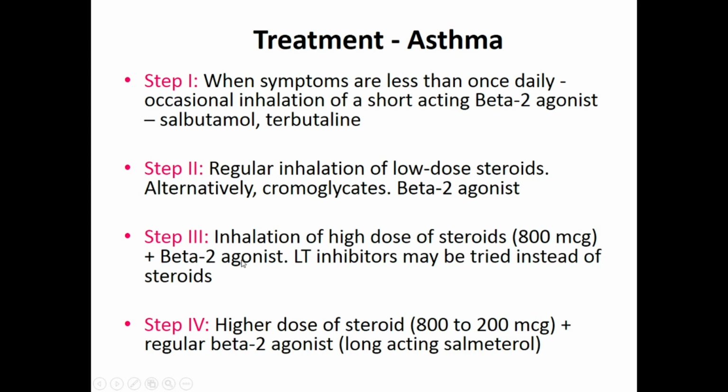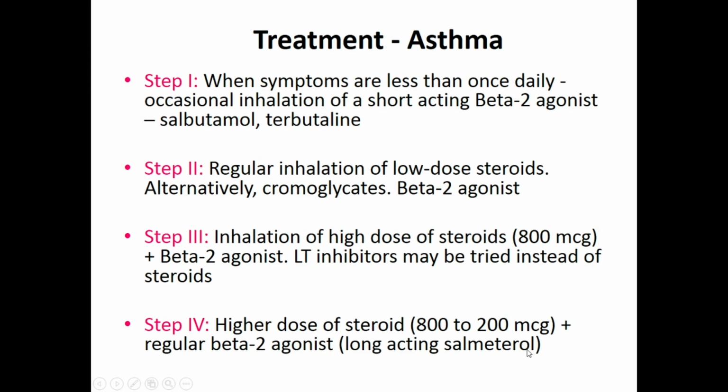Because the patient will come every now and then suffering from bronchial asthma, so you will add steroids as inhalers. Next, you will also add steroids together with beta-2 agonists, preferably long-acting like salmeterol.